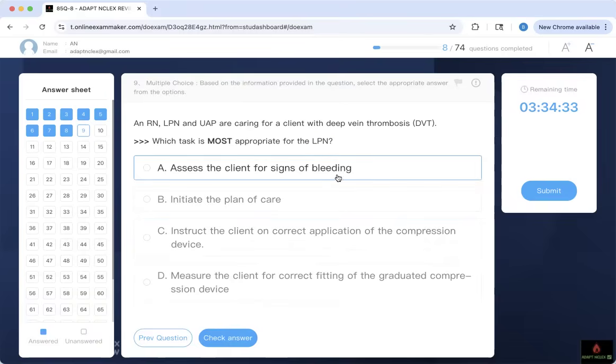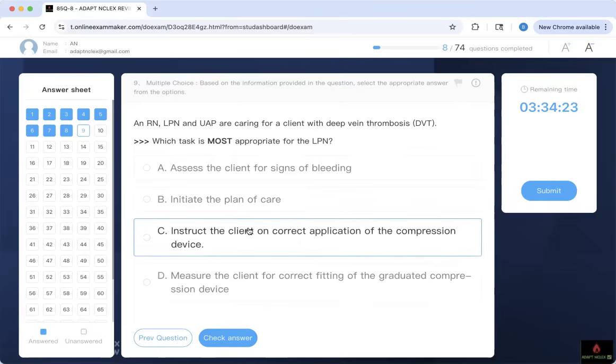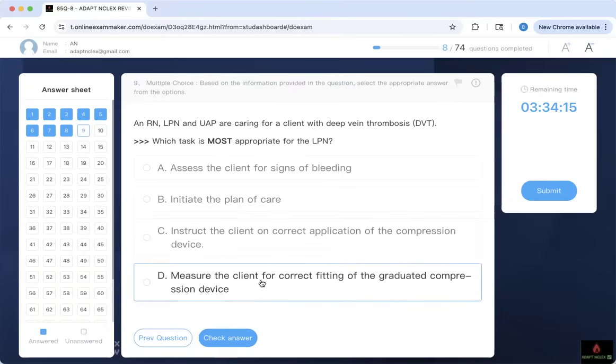Assess the client for signs of bleeding. I said LPN, most. The word assess was not part of it. Initiate the plan of care. There was nothing like that. Instruct, teaching the client on correct application of compression device. No teaching. Reinforce teaching, but no teaching. Measure the client for correct fitting of the graduated compression stockings.